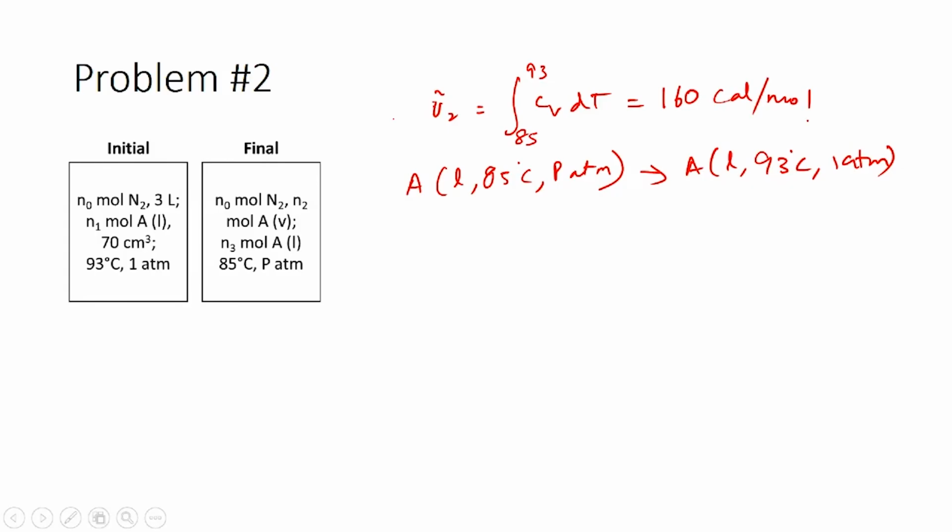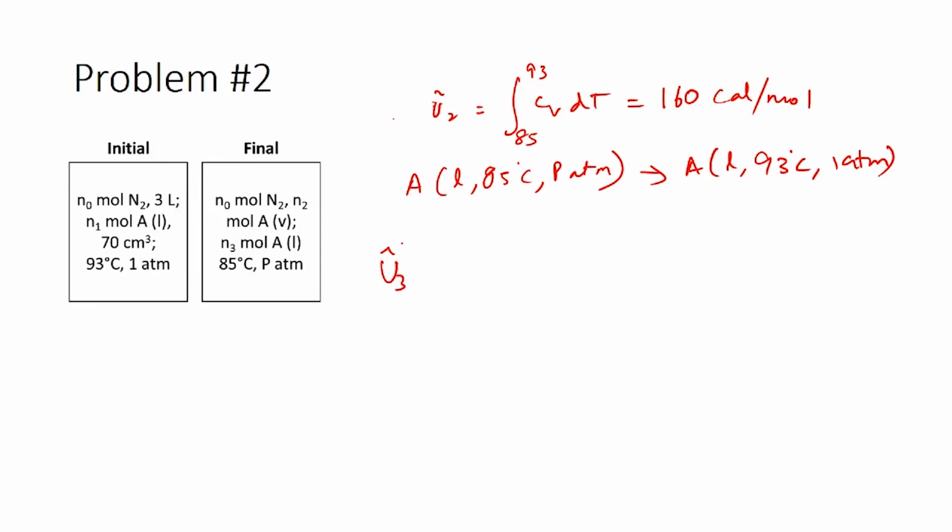Now, the third component, U3 cap, is where you have the phase change also. So, what information do we have? In the problem, we have been given delta H cap V, which is the enthalpy change associated with vaporization. Here we need to calculate the internal energy change associated with vaporization.